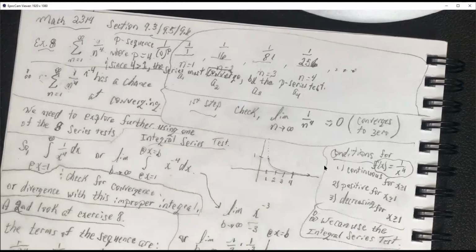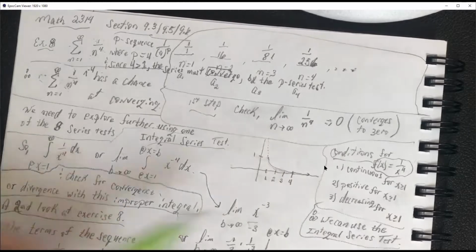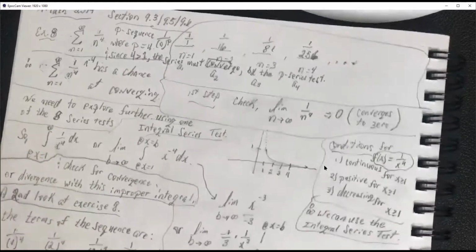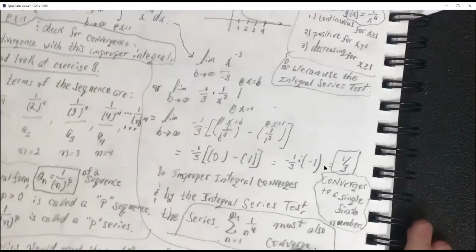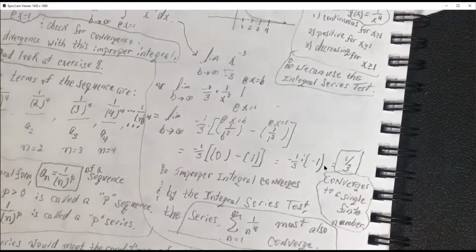So what's a little more efficient? If you have a P sequence, which means it's in this form, we could always use the integral series test: check the conditions, evaluate the improper integral, take the limit, and see if the improper integral converges or diverges.